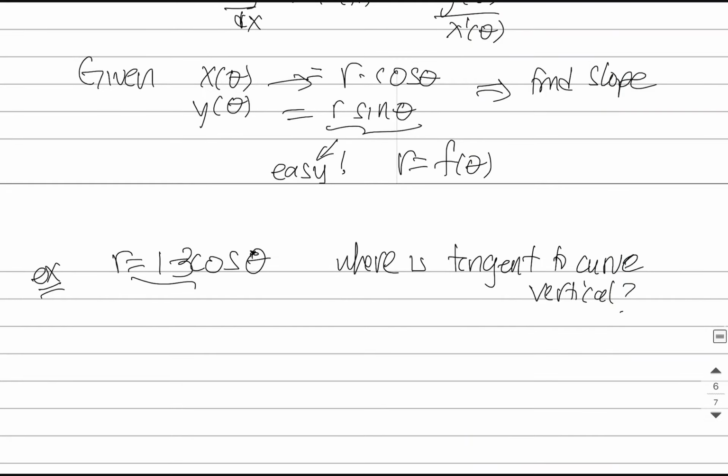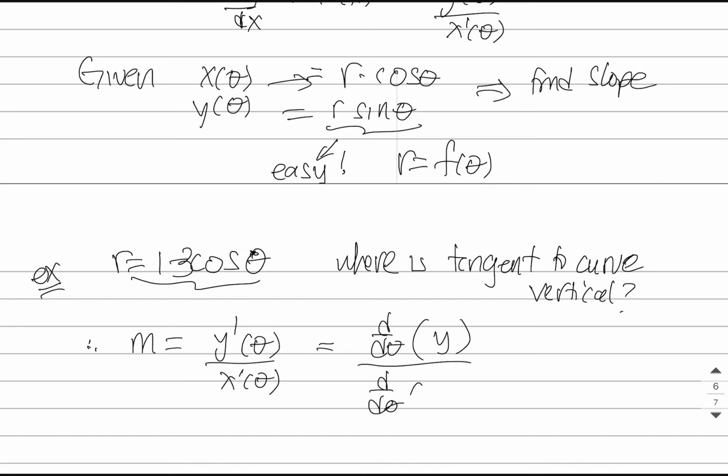Well, this is my function. So the slope, the thing that I'm looking for, is from above here, y prime of theta over x prime of theta. So this is like saying, okay, I'm going to take the derivative of y, and then I'm going to divide by the derivative of x.